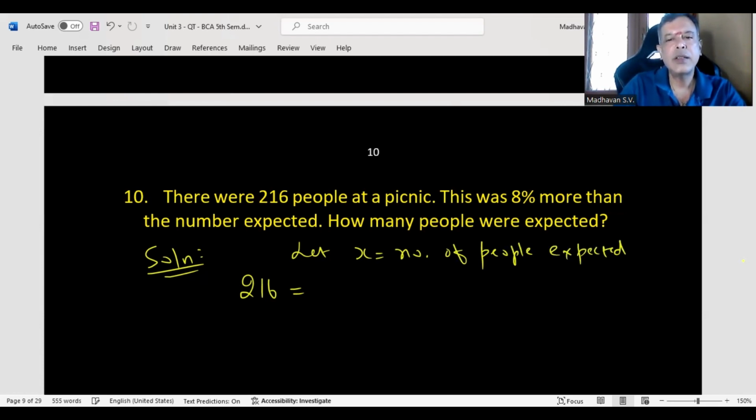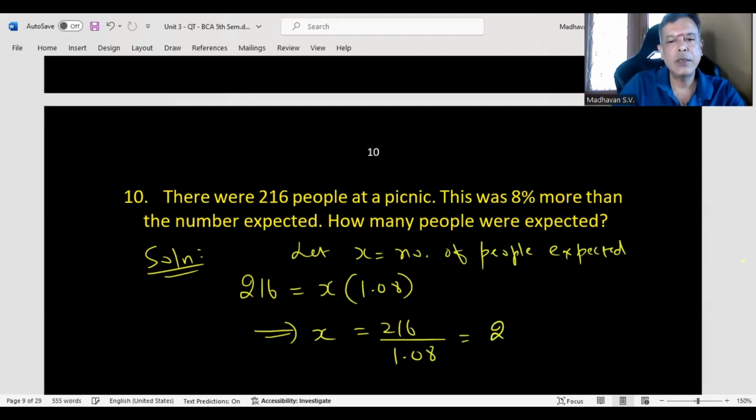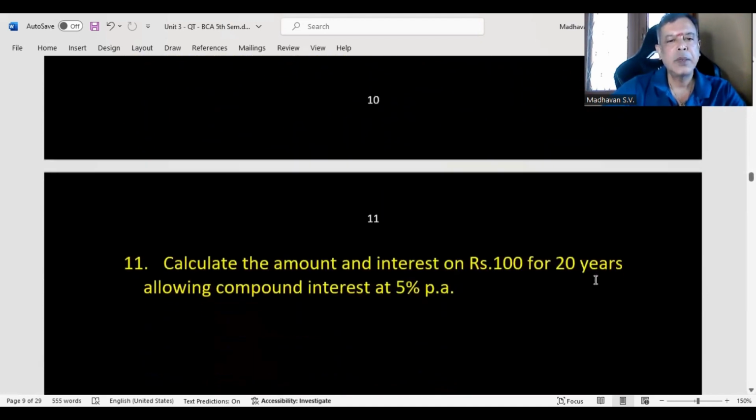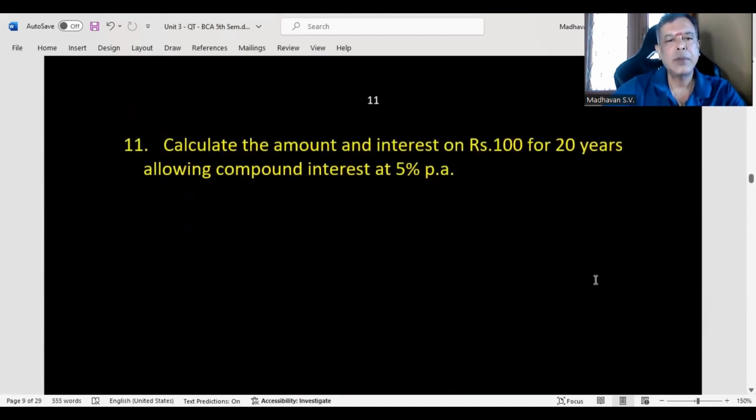They say 2016 is 8% more than the number expected, means X times 8% more. So I can multiply it with 1.08, which means our X is 2016 divided by 1.08, which will give us 200. So that is the result. 200 people were expected at that picnic. Let us move on to the next.